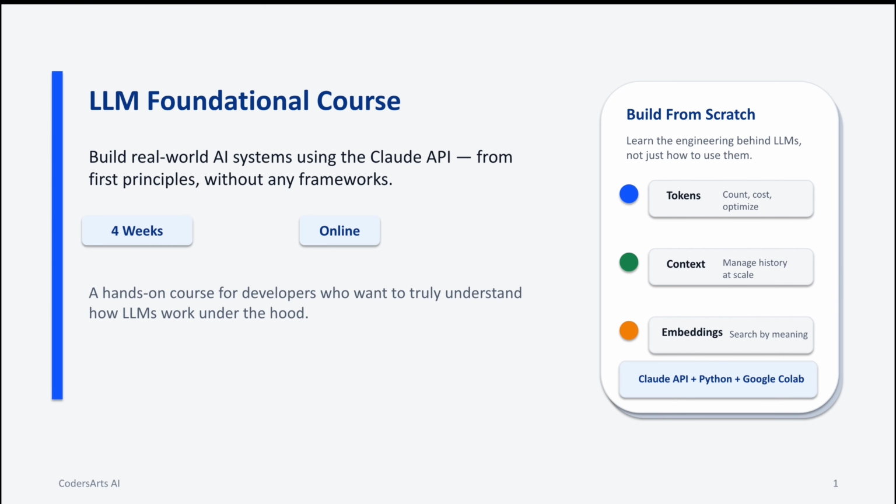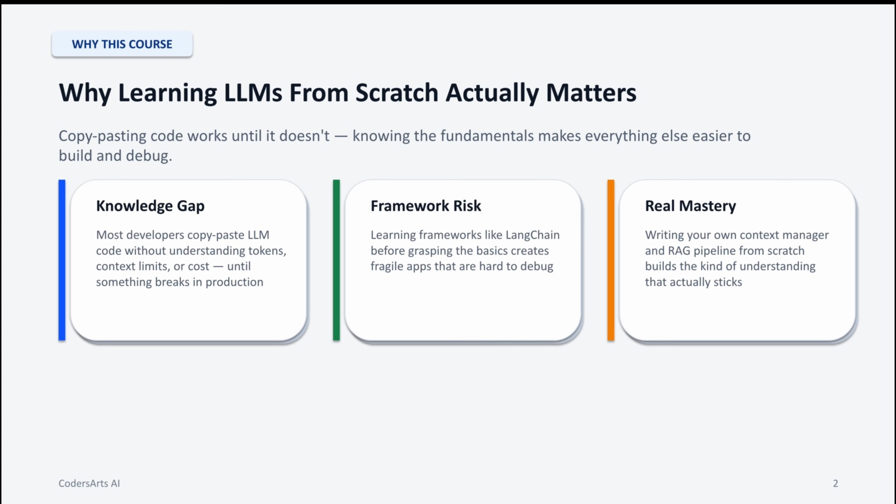So, why does learning LLMs from scratch actually matter? Many developers today use LLMs by simply copying code snippets or following tutorials. But when something breaks in production, whether it is token limits, context overflow, or unexpected API costs, most people don't know how to fix it.